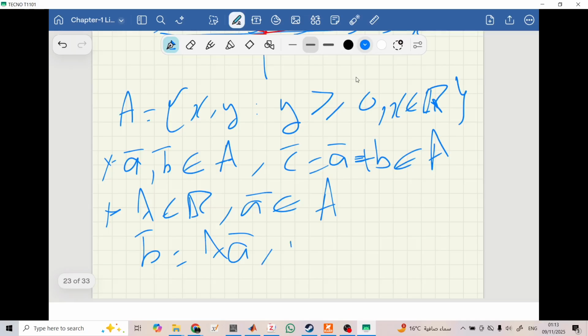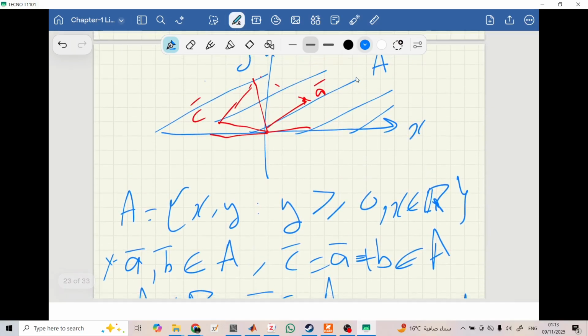If lambda is negative, then B does not belong to A. Look here: if this is A, lambda times A will become this vector here, minus A, and this vector does not belong to A. So this is not a vector space, and of course it's not a subspace. So you need to check the conditions that define the vector space in order to judge whether this is a vector space or not.